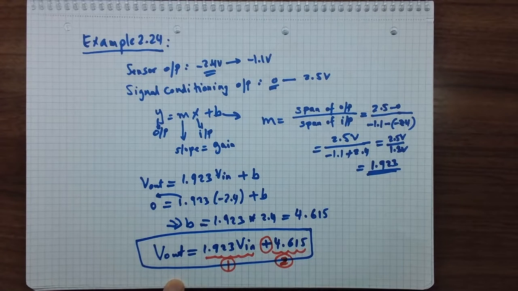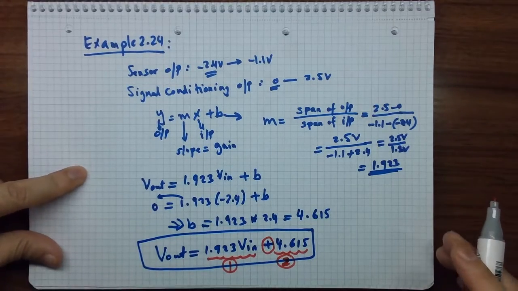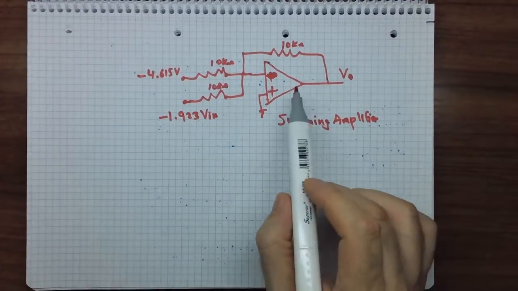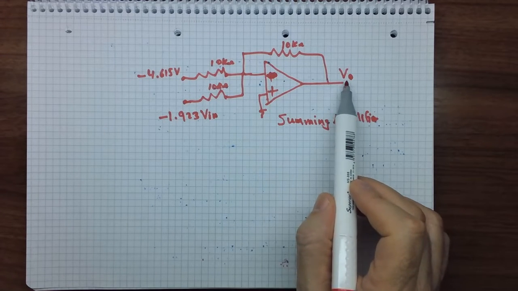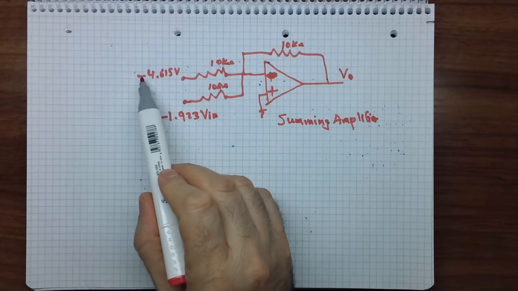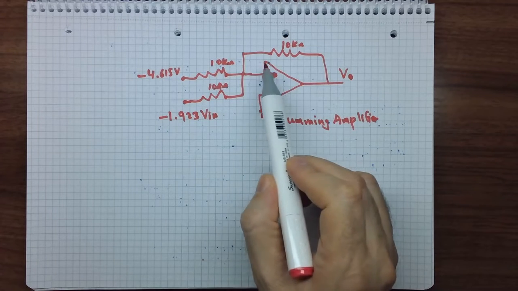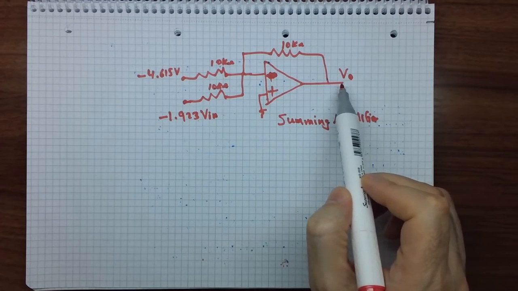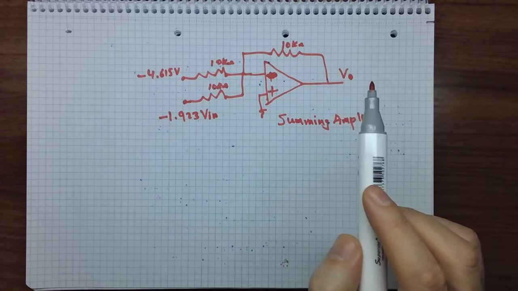Here it is a plus, because the summing amplifier is inverting. There is usually a negative sign at the output, so we need the inputs to be negative, and then at VO it will be positive.